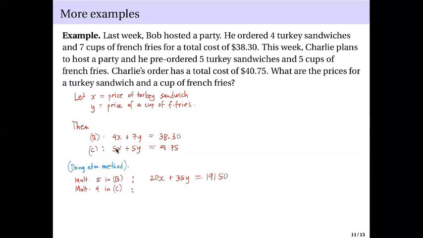If we multiply 4 in C, 4 times 5x is 20x, 4 times 5y is 20y, and finally 40.75 times 4 gives us 163. Label this as B prime and then C prime.